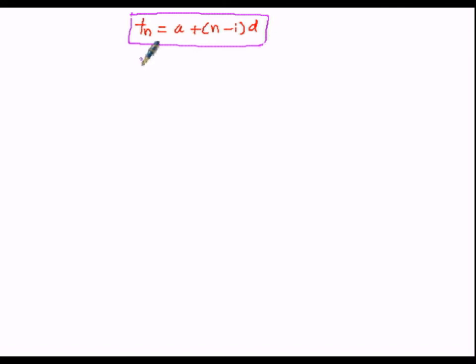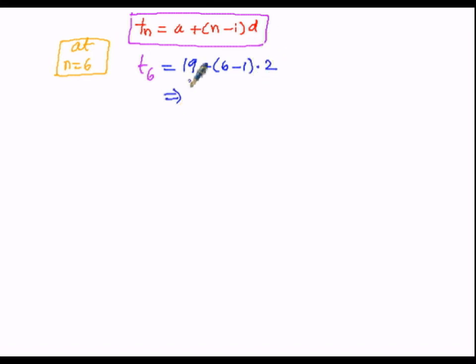But here, in order to find T6, n must be replaced by 6. So at n equal to 6, that equals A value 19 as per the problem, plus n minus 1, that is 6 minus 1, into D value 2.